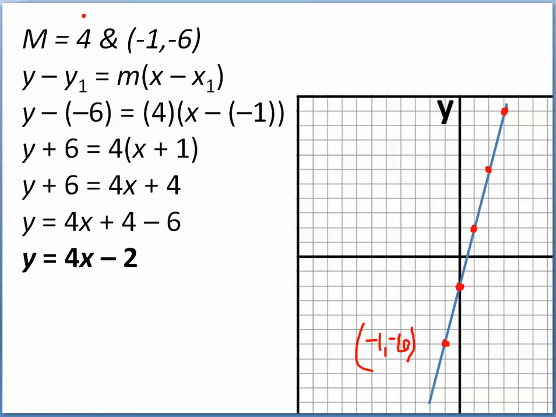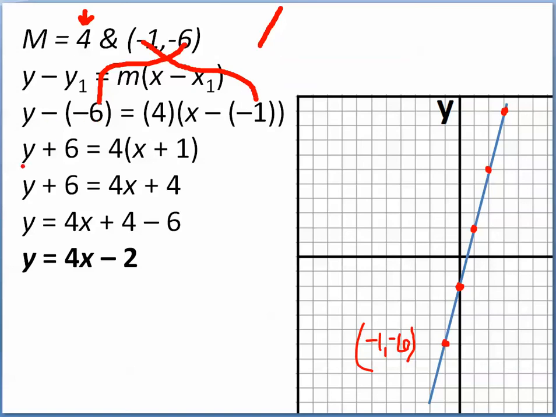Well, we know our m value is 4, and we know that it passes through the point. That is, our slope is a positive slope of 4, so it's going to be a slope of about like that. And it passes through (-1, -6). So we simply take our y and we plug it in, and we take our 1 and our negative 1 and we plug that in, and now we have y minus negative 6.